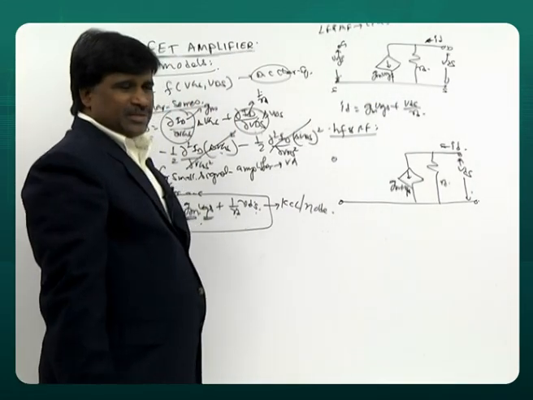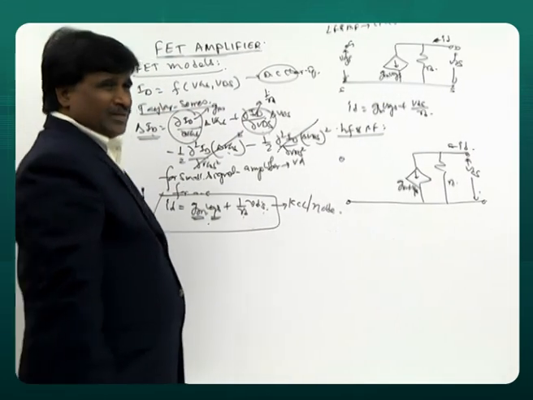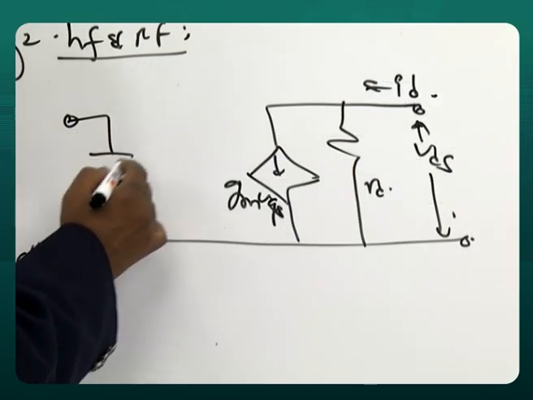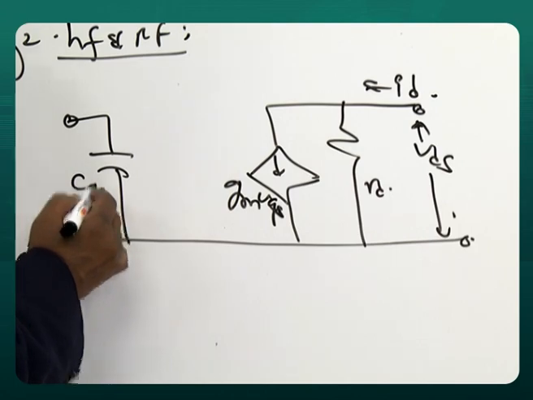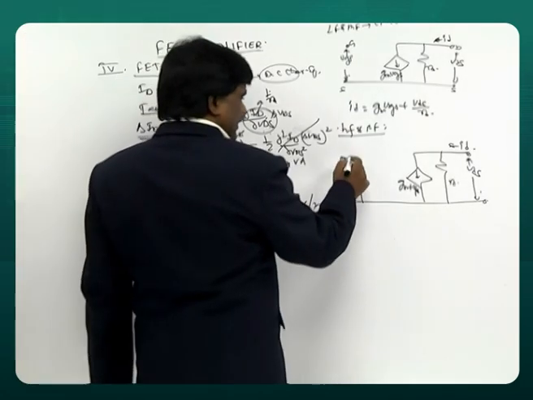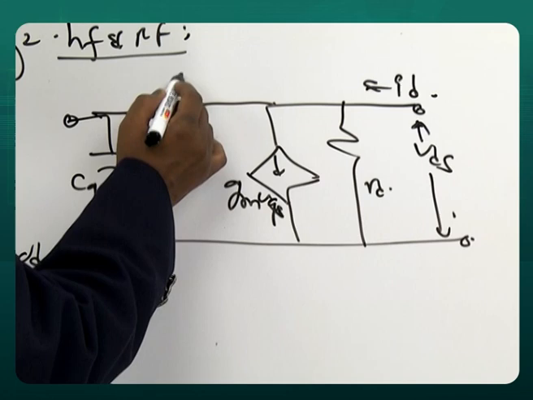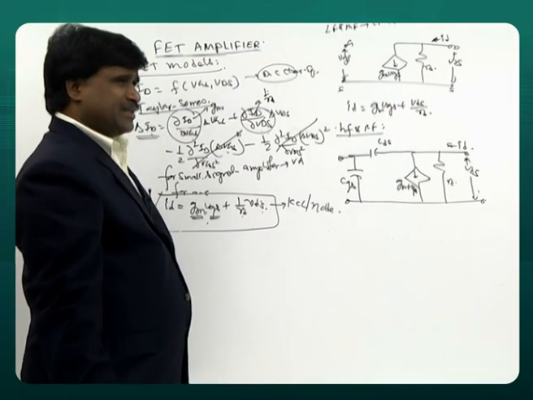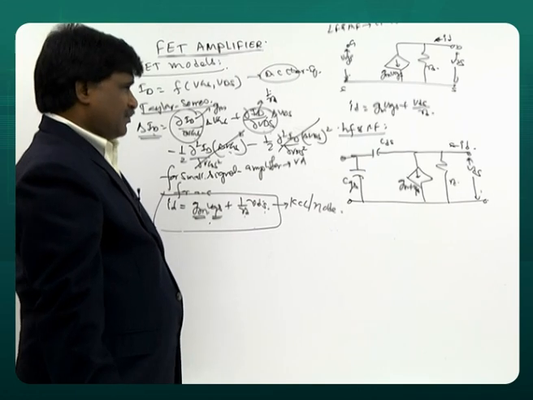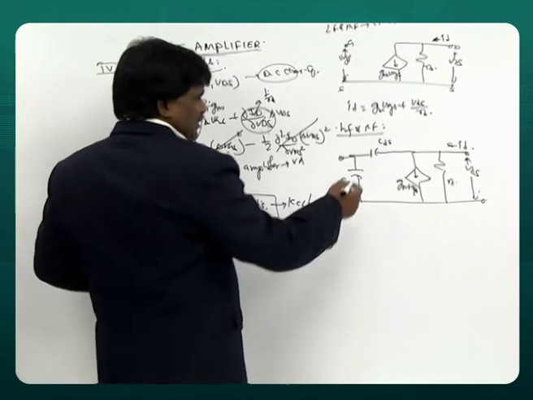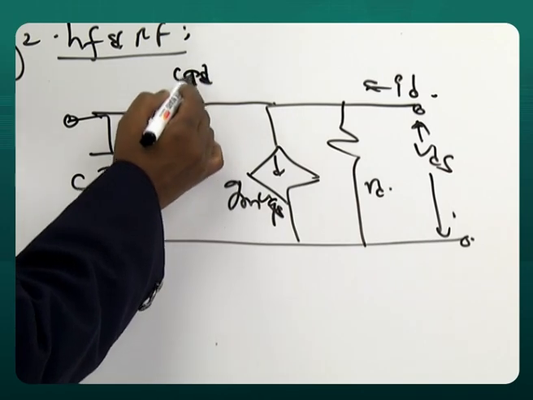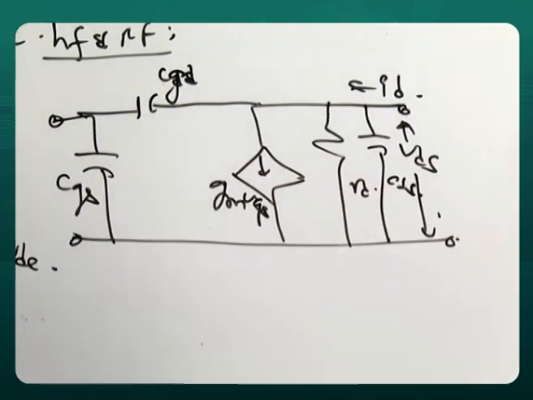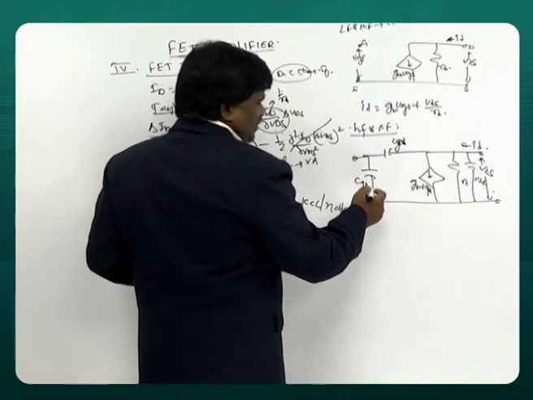First you draw the same thing. Then as I already said, an internal capacitor comes into picture. You have one capacitor here called CGS. Another capacitor here called CGD. And at the end you have one capacitor called CDS. So extra capacitors come into picture.